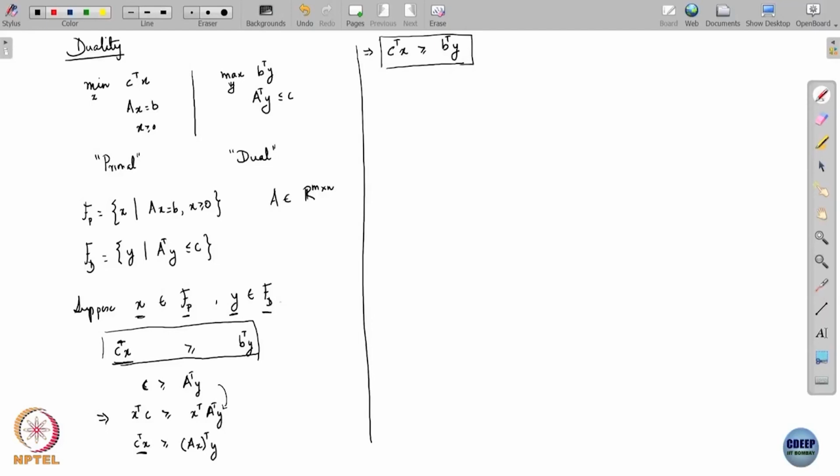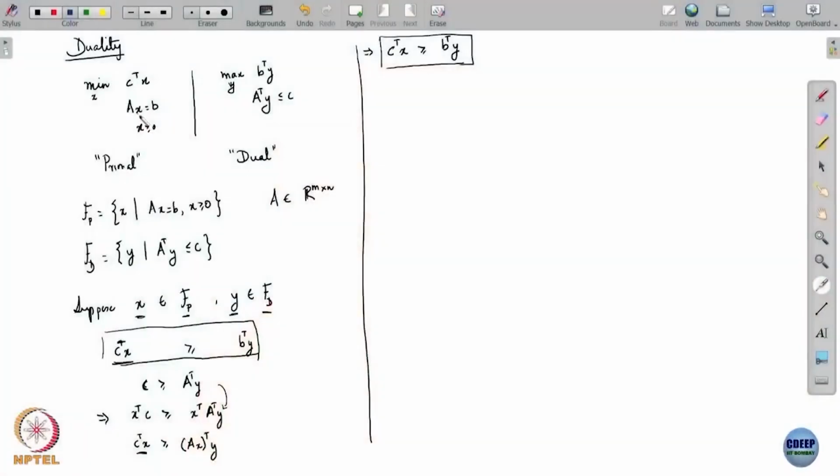Now, let us take this one step further. Observe that the primal optimization problem P is looking for the minimum value of C transpose x. So, if the optimal value exists, that means it is not minus infinity, then the minimum value of the optimization problem is also going to be greater than or equal to B transpose y for every y.